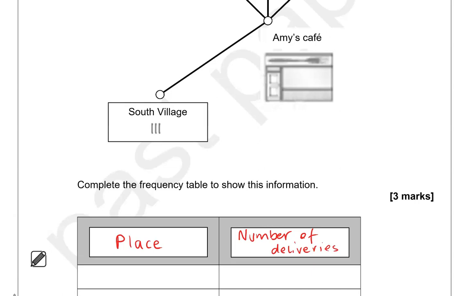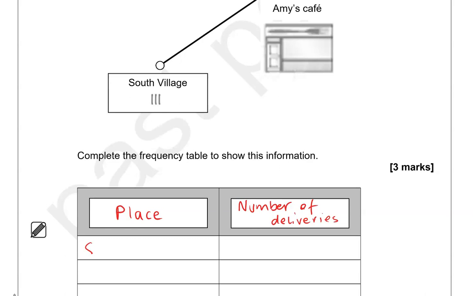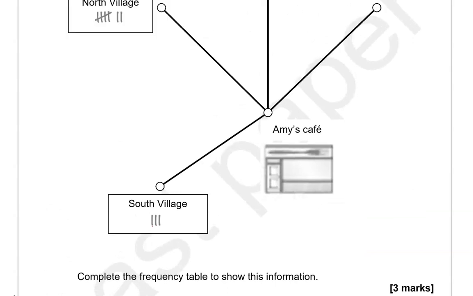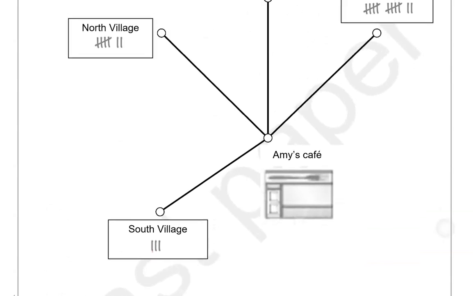So we've got South Village, with 1, 2, 3 deliveries. We've got North Village with 5, 6, 7.